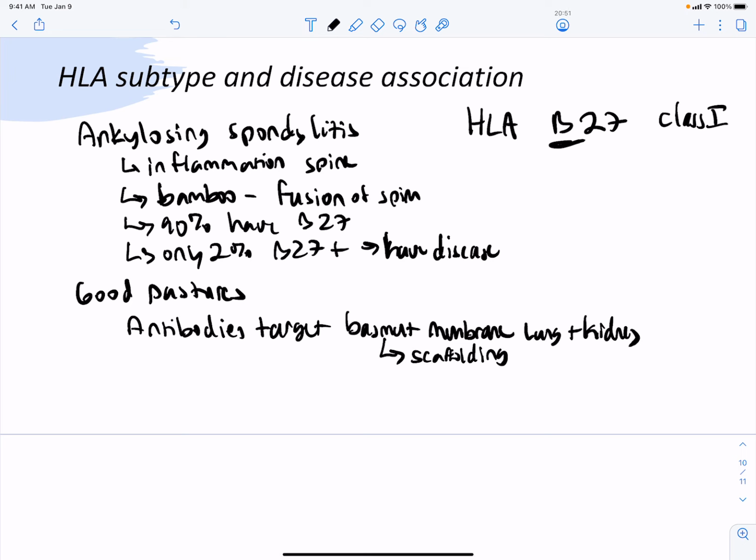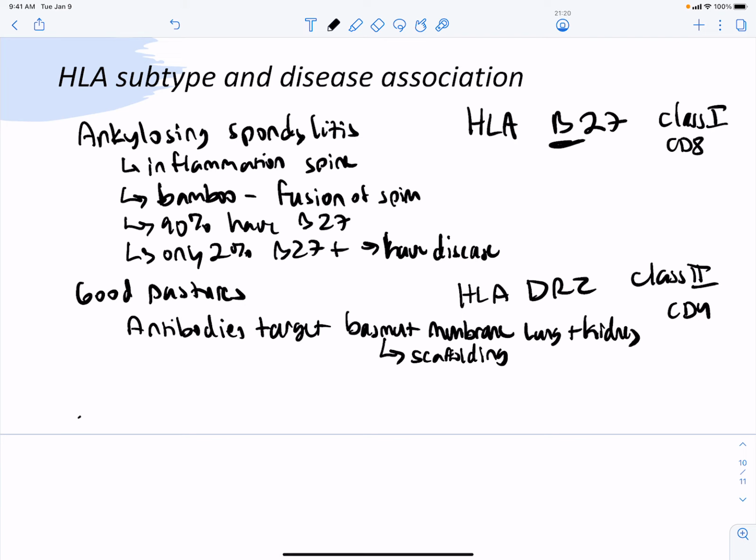And so it holds everything together. It allows things to interact with each other. And if you have a patient who has bleeding in the lungs and also has potential kidney failure, you might start thinking Goodpasture's, whereas if you only had one or the other, you would not think about Goodpasture's. Now this is an HLA-DR2, so this is class 2. And so this is CD8 mediated, and this is CD4.